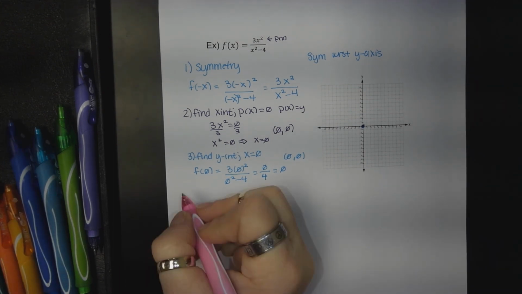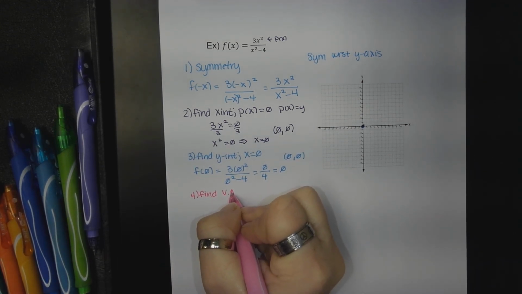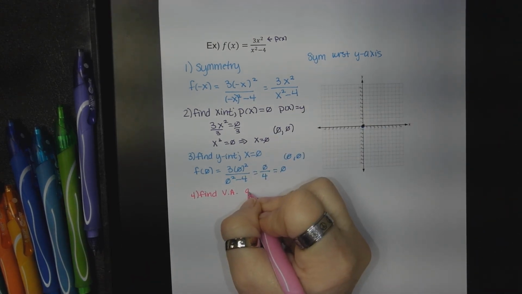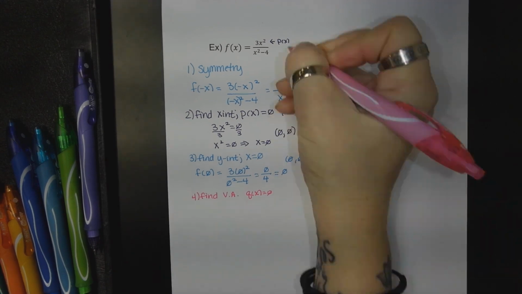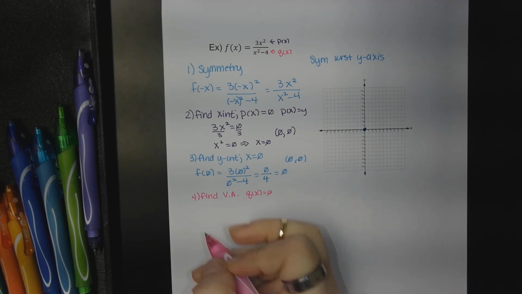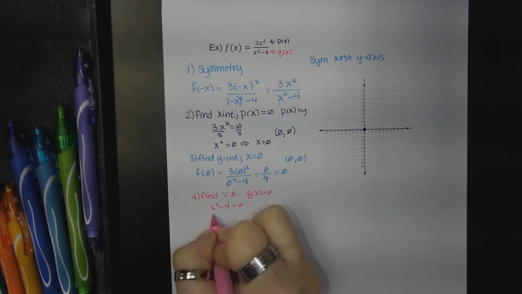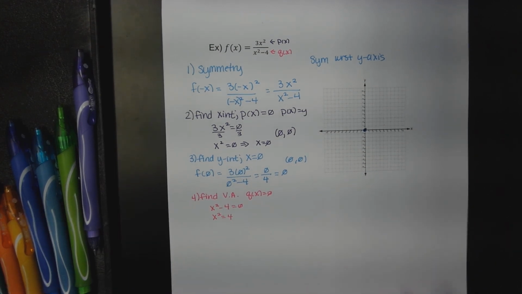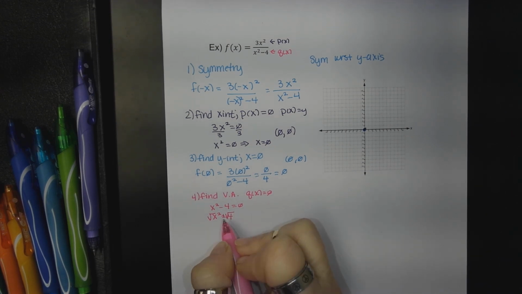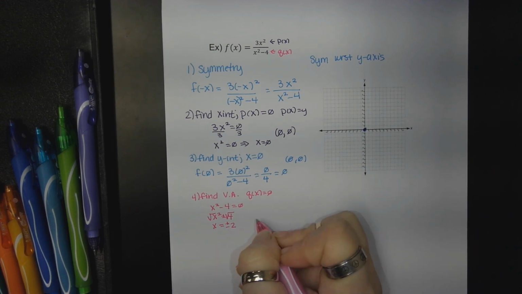Okay, now let's find our VA, number 4. VA, vertical asymptote. Sorry, I use slang. To find your VA, we set our Q of x equal to 0, and that's because our Q of x is our denominator. So we're going to set x squared minus 4 equal to 0. Move our 4 over, so that's going to equal 4. To solve for that, that's right, square root. Can never forget your plus minus though. So that means that our x equals plus or minus 2.